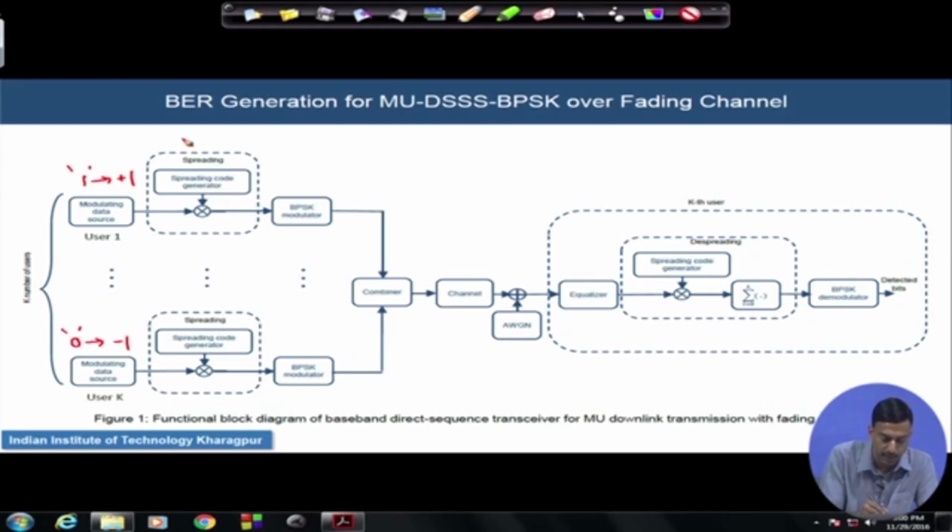The spreading code generator will have some spreading code length. Let's say the length is equal to 4. Then we might have some spreading sequence, which may once again be represented in bipolar terms, and this multiplication is nothing but the multiplication of this bipolar input signal to each of these bipolar entities of the spreading code.